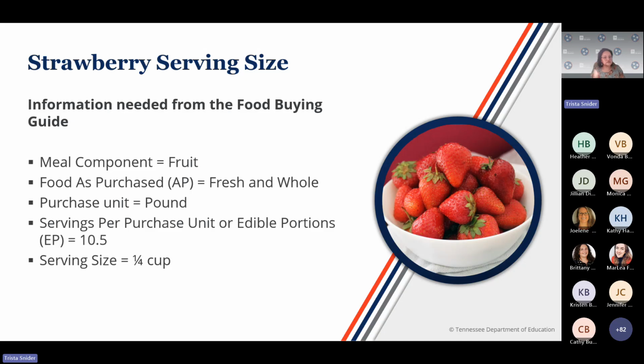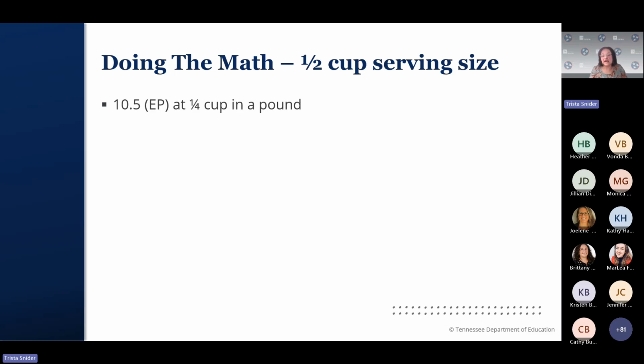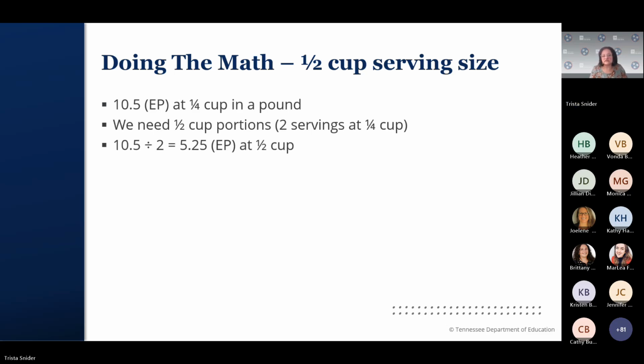This told us that those fresh strawberries, in order to credit as a 1/4 of a cup, for every pound that we purchase, we would get 10.5 servings. We need them to credit as half-cup servings. So we're going to say 10.5 divided by 2, and that'll tell us that in order to have half-cup servings, we'll get 5.25 edible portions for every pound that we purchase.